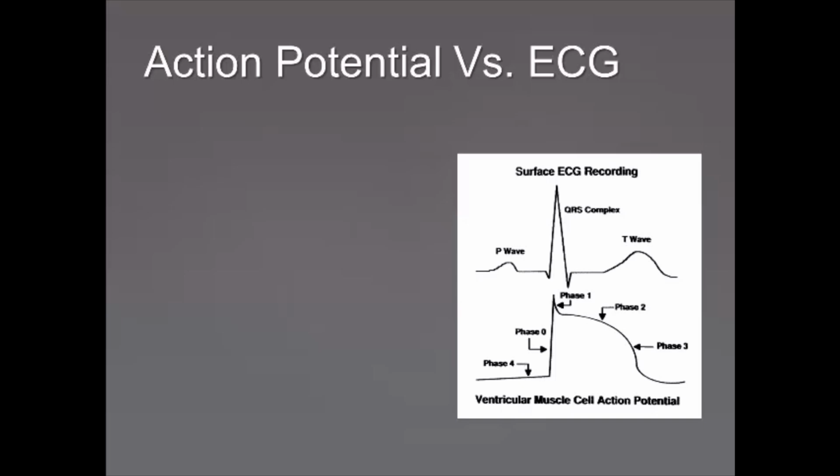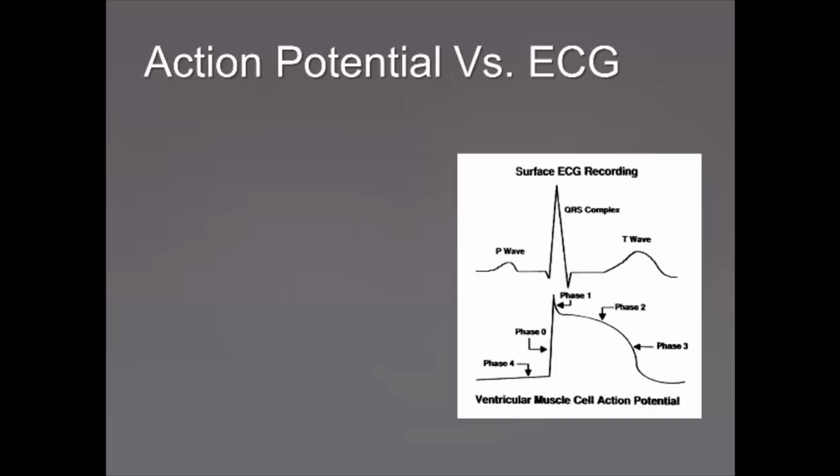Now, it's important to distinguish between the action potential and the ECG. With the action potential, we were looking at an individual cell and the changes in electrical activity across the membrane. This action potential shows us as the cell becomes more positive on the inside.